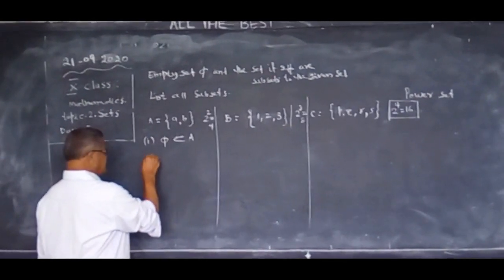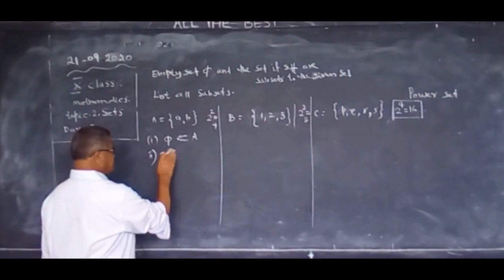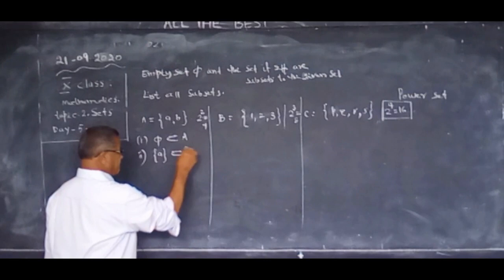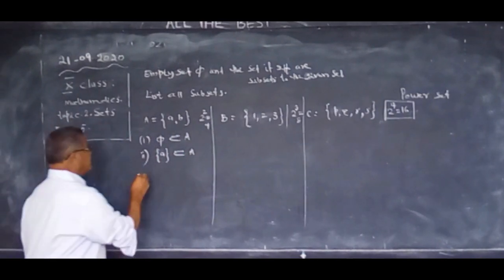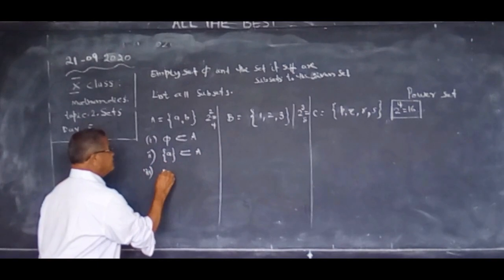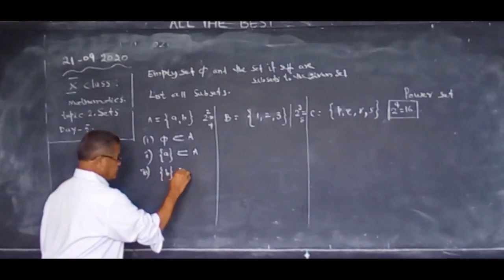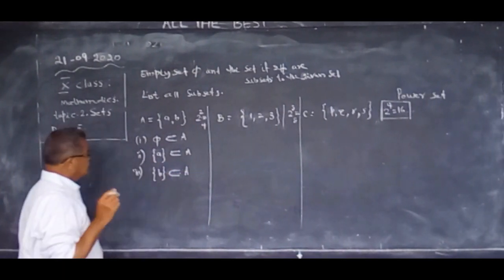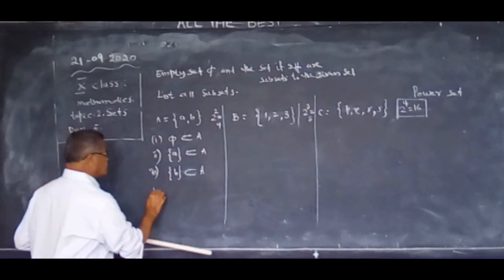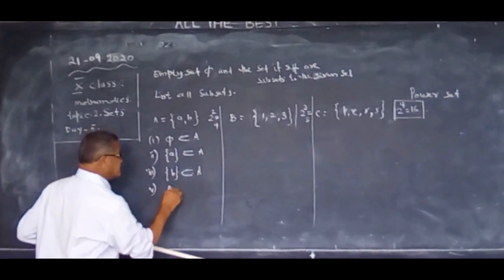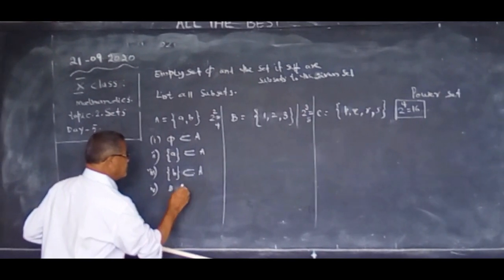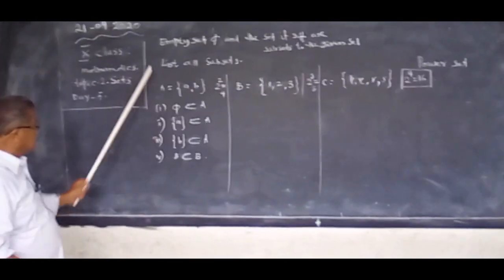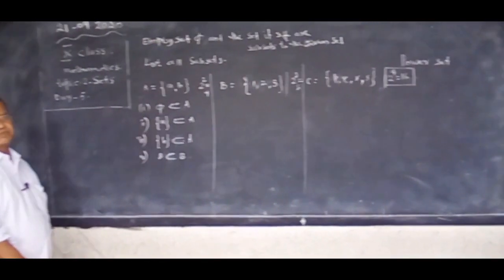Second, set A is a subset of A. Second time take B. B is a subset of set A. The set itself is a subset. So this is the way of writing subsets.